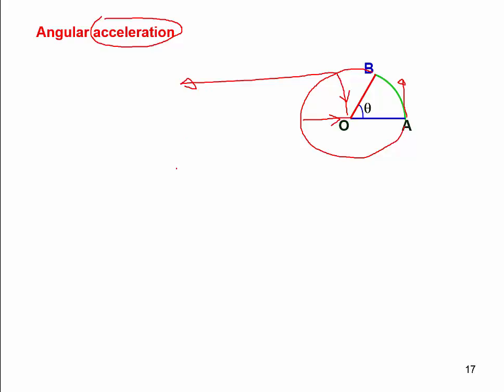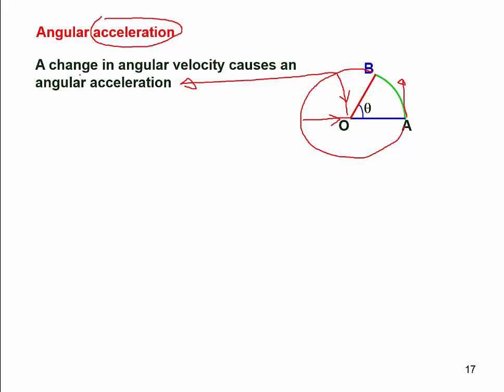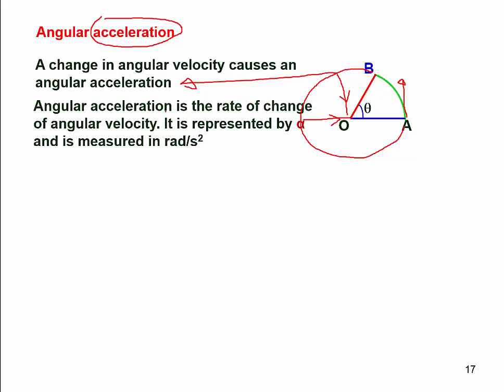The moment it stops accelerating, the moment you stop that force, the object will go along the tangent to the circle. All right. So a change in angular velocity causes angular acceleration, and a change in angular velocity is actually caused by the change in direction. So angular acceleration is the rate of change of angular velocity. How do you write it?